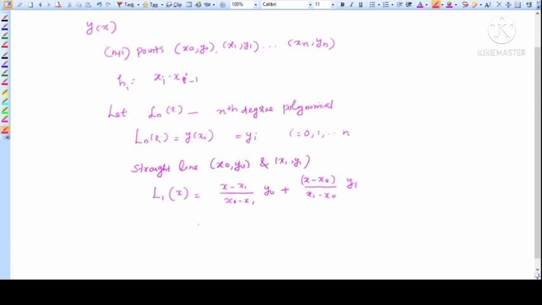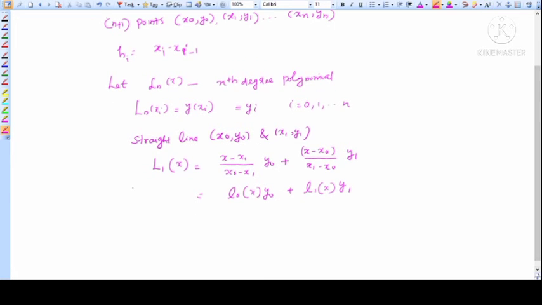So let us write, let this quantity be L0 of x, y0, plus let us write L1 of x for this quantity, therefore L1 of x, y1, where L0 is x minus x1 by x0 minus x1 and L1 is x minus x0 divided by x1 minus x0.